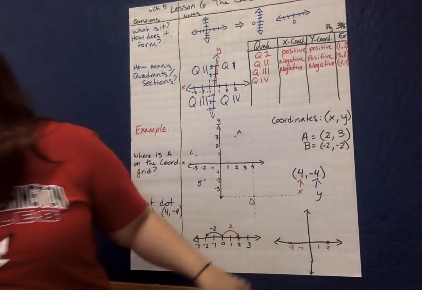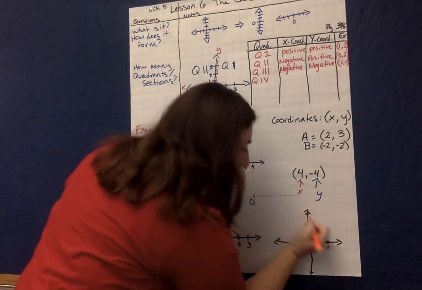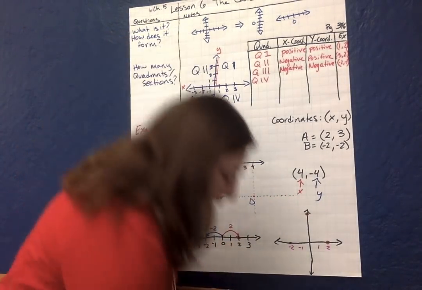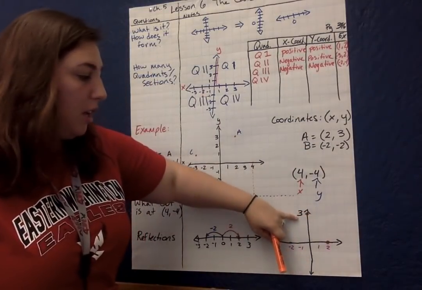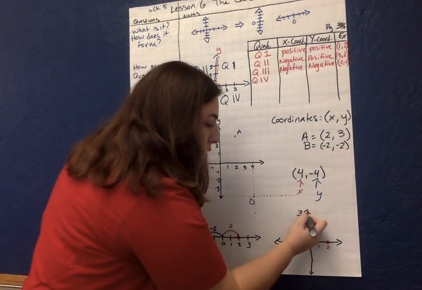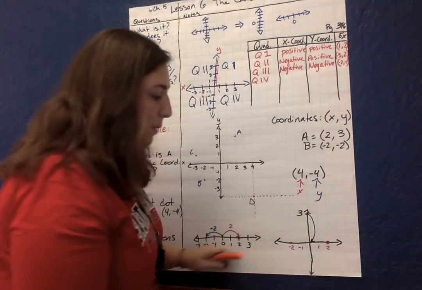How about if you had a point over here? What's the reflection of this point, which is at 3? What's the reflective point of 3? Well, I'm going to count how many spaces away from 0 it is. It looks like it's 3 spaces.